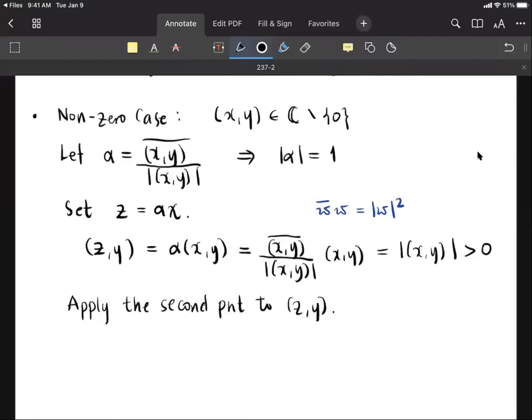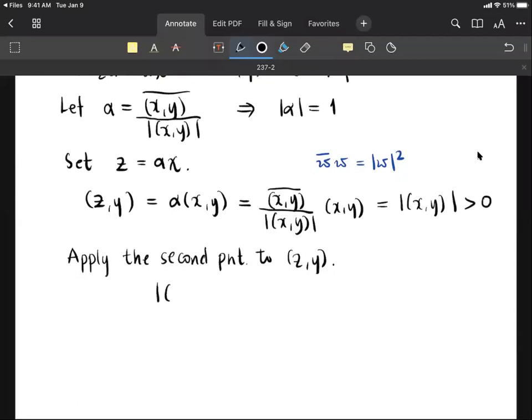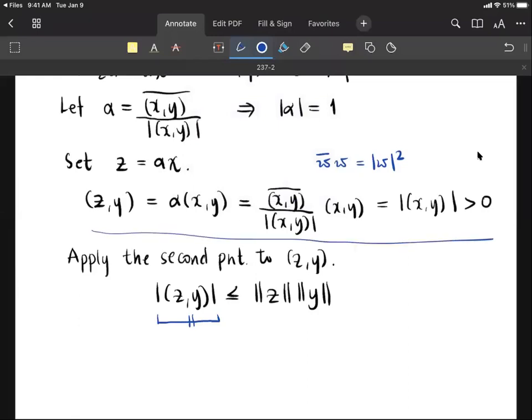Since the inner product of z and y is positive, then we can apply that one. So now I have here the norm of z and then the norm of y. Okay, now, since the inner product is positive, this is equal to the inner product of z and y, and if you see in this equation here, this is the same as the magnitude of the inner product of x and y, okay?